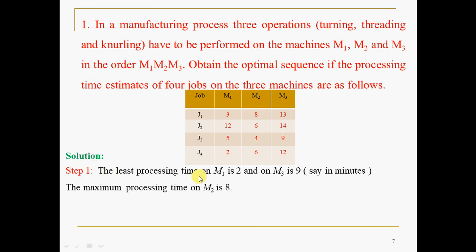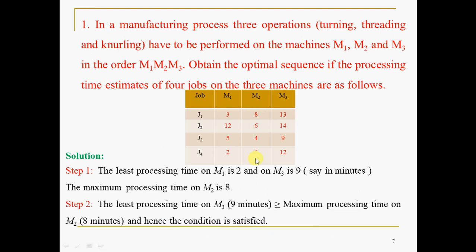The least processing time on M1, you record it, that is 2, and on M3 it is 12. If nothing is given, let us say they are in minutes. The maximum processing time of the in-between machine, that is M2, is 8. So: least processing time of M1, least processing time of M3, and maximum processing time of the in-between machine.